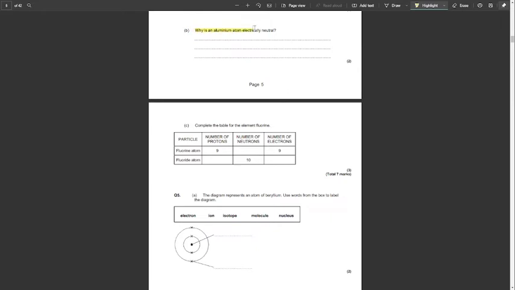Why is an aluminium atom, why is it electrically neutral? You can see there I muddled up my words. That's why you need to read it again. If you don't necessarily get it the first time, make sure to read it again. So, it's worth 2 marks. Thus, you need to make 2 points.